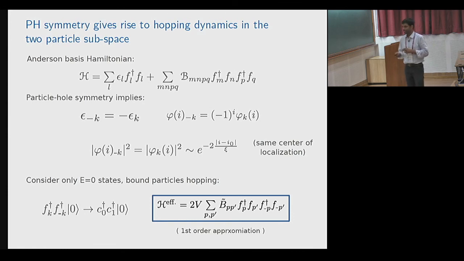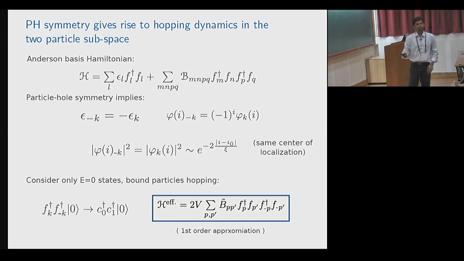By the way, this is a first-order approximation, so there are higher-order terms; I'm just throwing away all the other orders. So what is happening is the following. If I create two-particle bound states nearby in this Dyson singular system, then they will hop. Although all the eigenstates are localized, they will hop and they will not go away from each other. In this way, there will be some transfer.